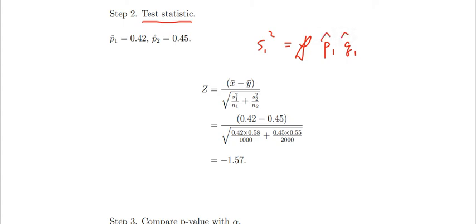So it's 0.42 multiplied by 0.58 divided by 1,000, plus 0.45 multiplied by 0.55 over 2,000, that is PQ over n. Okay, so we find this number.